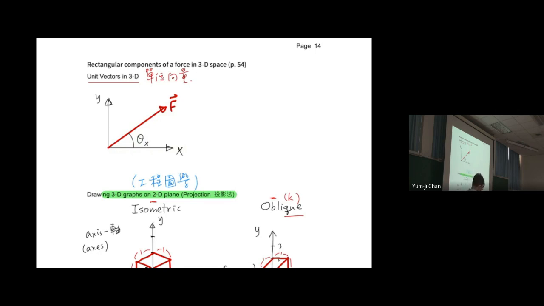Using the same logic, we can draw another angle, which is called theta y.